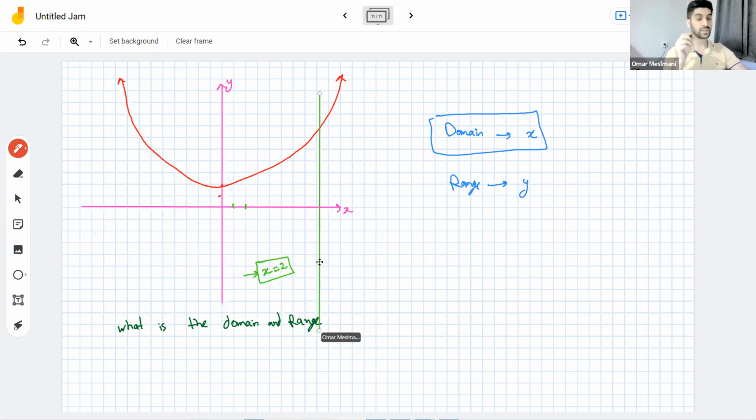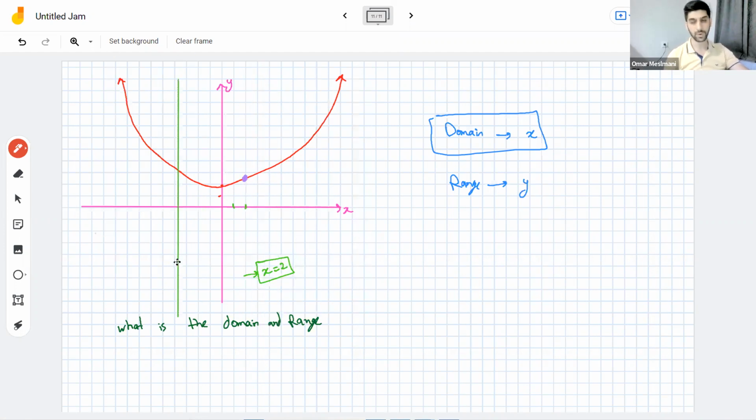Now mentally try to move this line all over the x-axis and try to find a point with no intersection. With x equals 2, do I have an intersection, like the green line and the red line? Yes, I do.